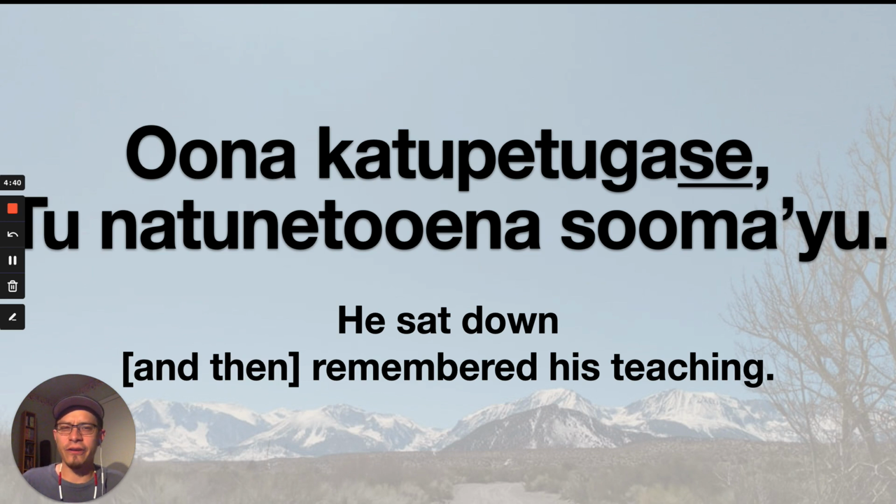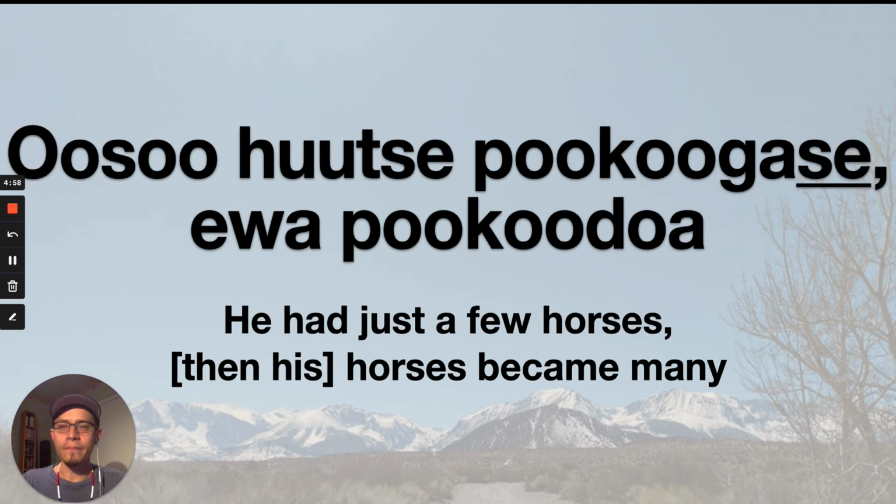But I figured you don't really need it, because in English, when you say he sat down and then remembered his teaching, it's implicitly understood that sitting down takes place first, and then the remembering.